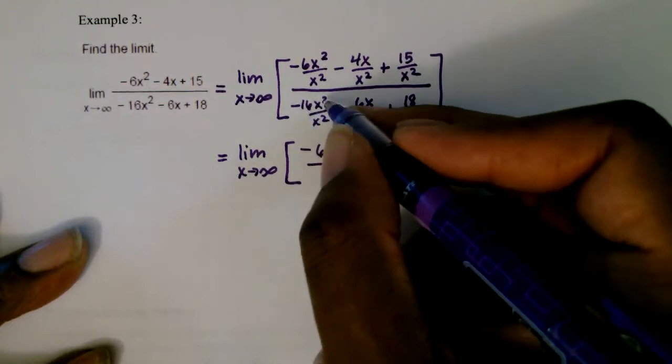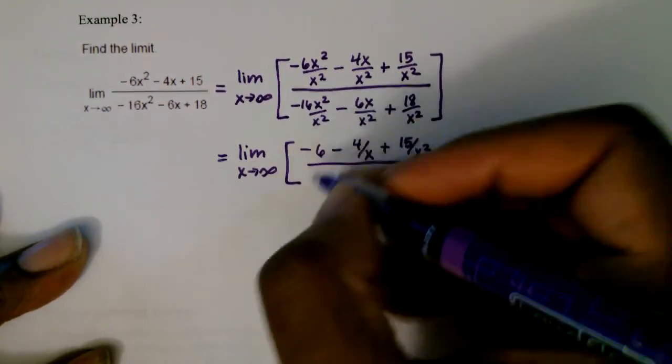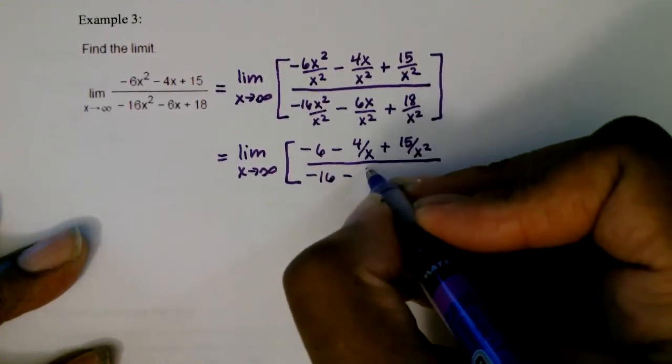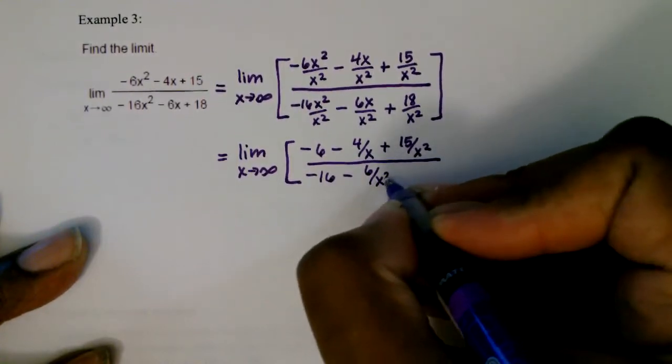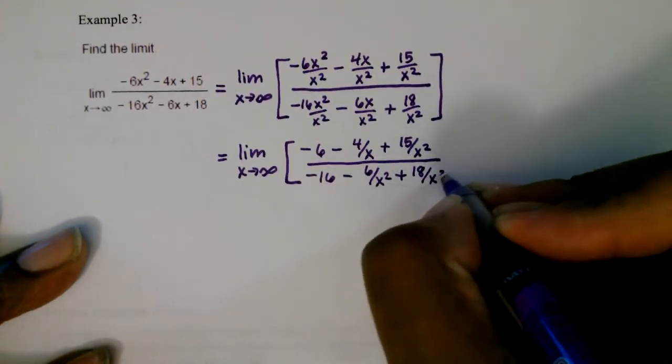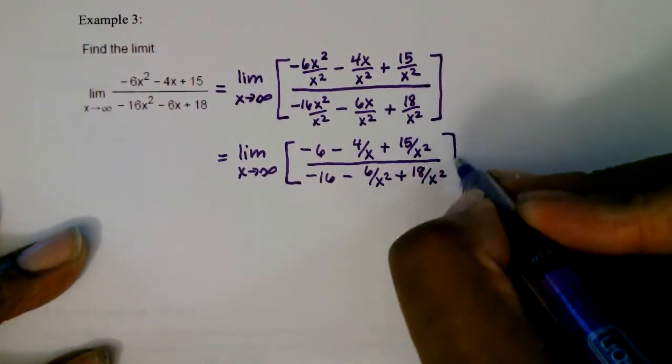Divided by negative 16x squared divided by x squared will be negative 16. Minus 6x divided by x squared will be 6 over x squared. Plus, this will remain as 18 over x squared.